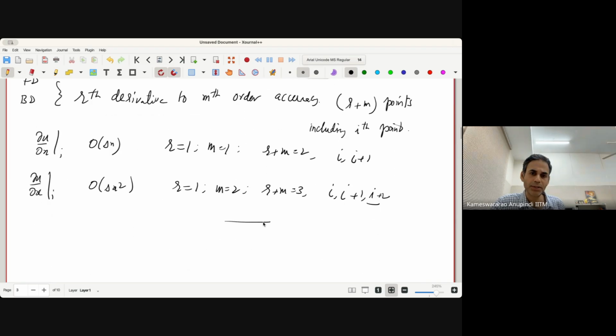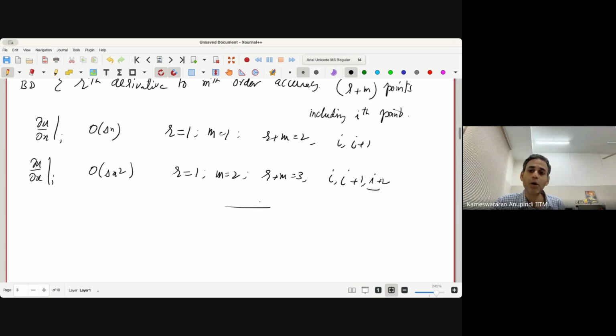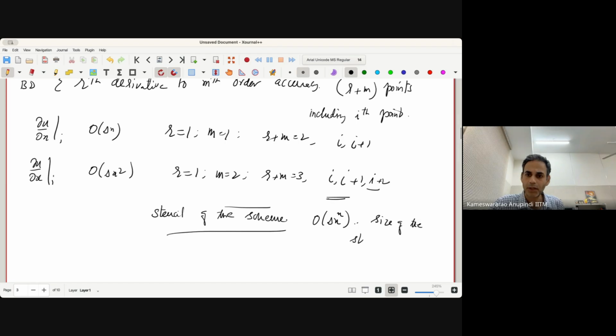So this basically gives us how many points we need. The points where the function is required are known as the stencil of the scheme. As you can see, as you wish for higher and higher order of accuracy, the size of the stencil increases.